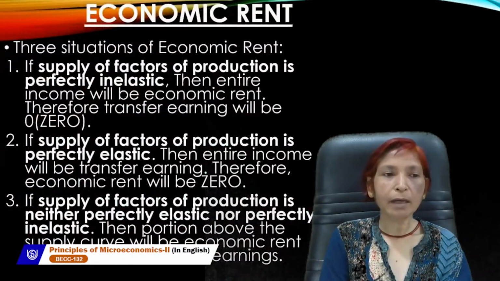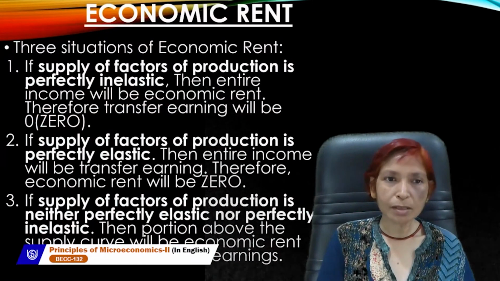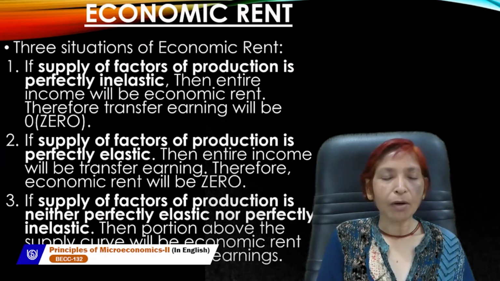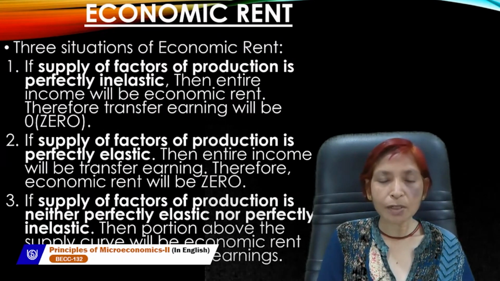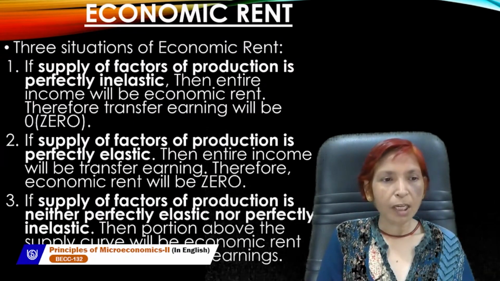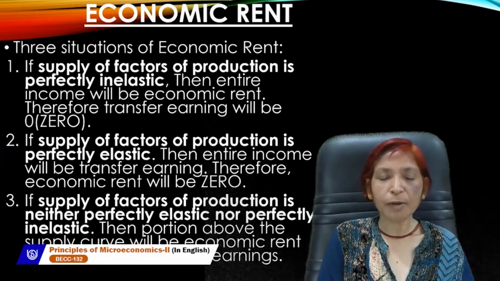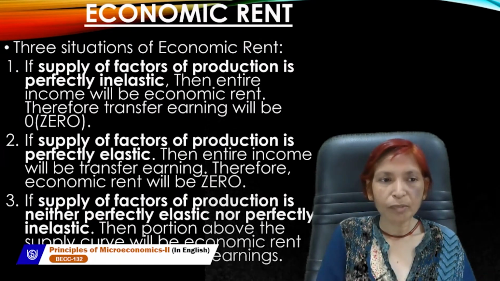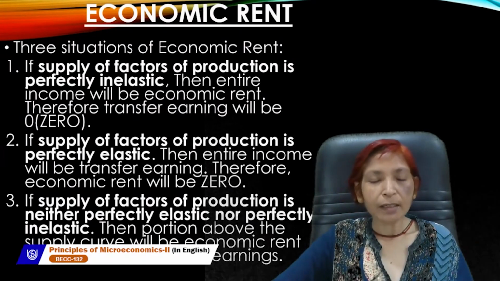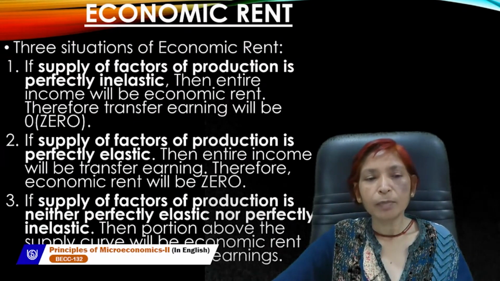Next is economic rent. There are three situations, or determination conditions, of economic rent. If the supply of factors of production is perfectly inelastic, it means supply can't increase or decrease.